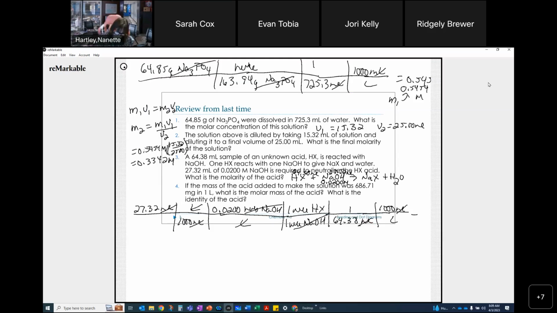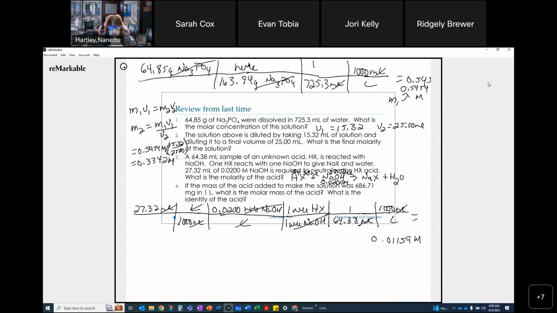And I get as an answer 0.01159, four sig figs, molar. Okay, so that's the molarity that I get.